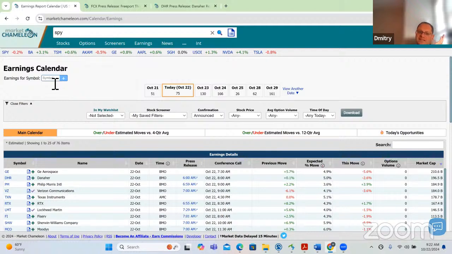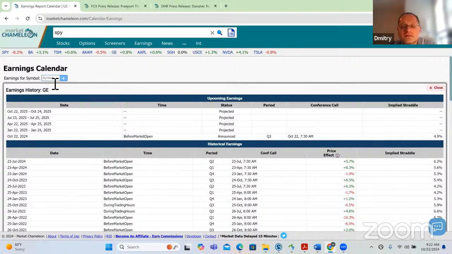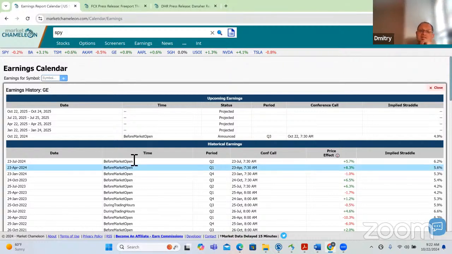If you have a particular stock that you want to look at, I think you could type it in here, let's say GE. So here, let's say we wanted to look at a longer history, and without leaving this calendar, we type in that symbol. And here we see upcoming projected earnings.